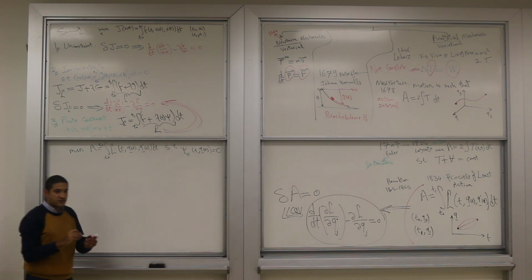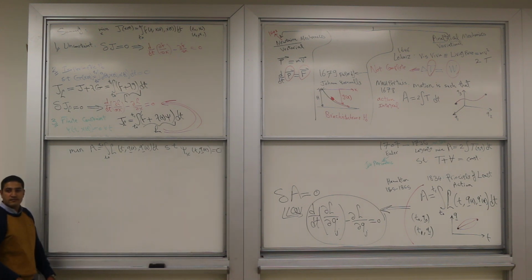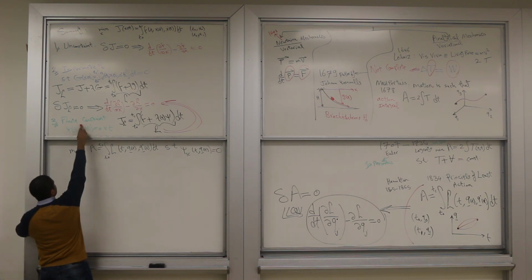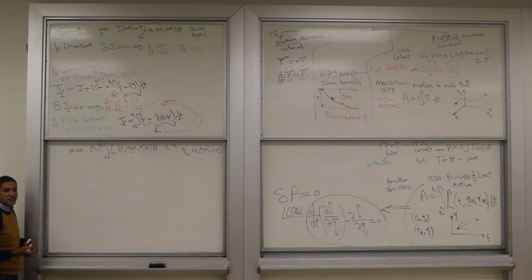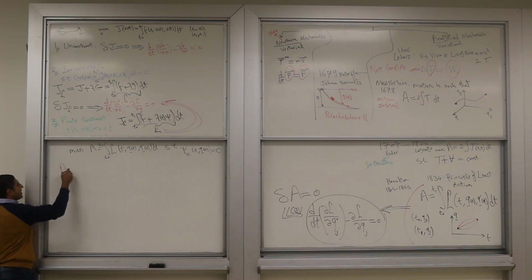This is a holonomic constraint, correct? So what do you think? We use the augmented approach. So that's perfectly fine.